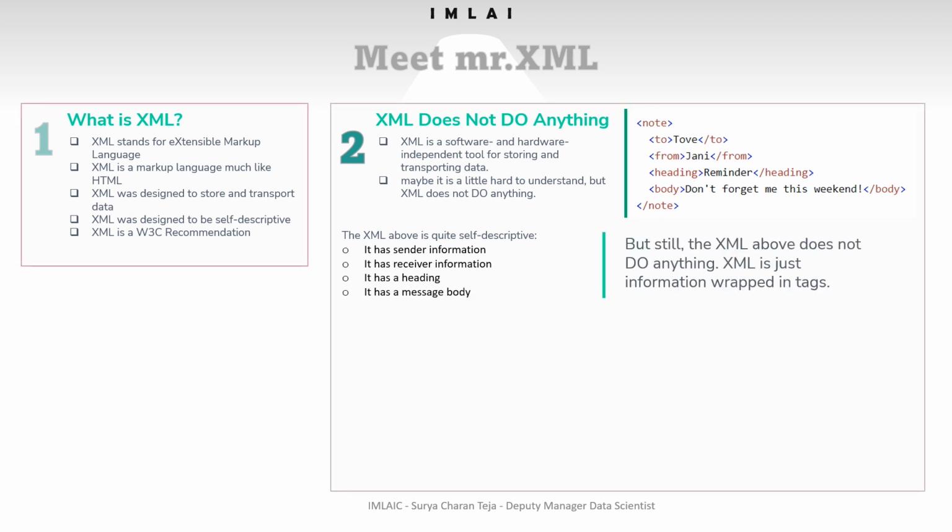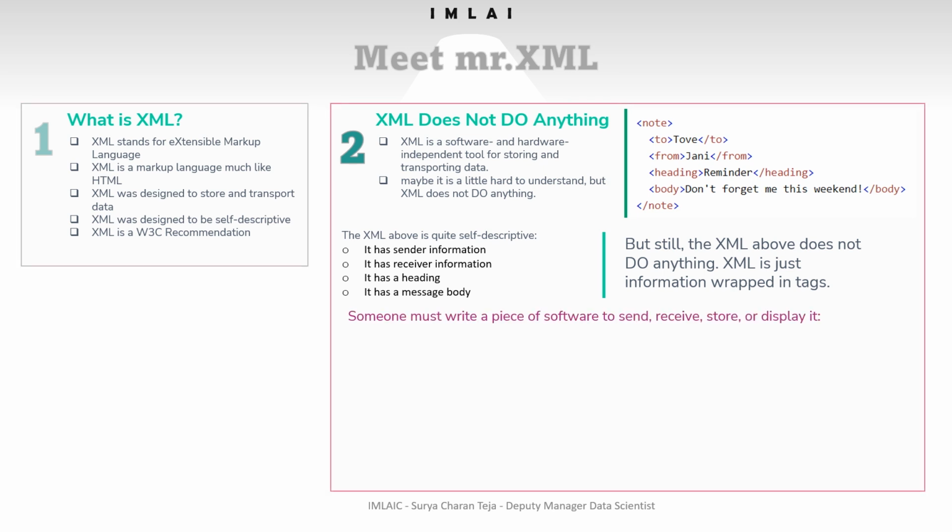But still XML does not do anything. Yes, it does something, but it does not do the things that you are expecting, because you might be comparing this with HTML and expecting it to do the same thing. No, a big no.